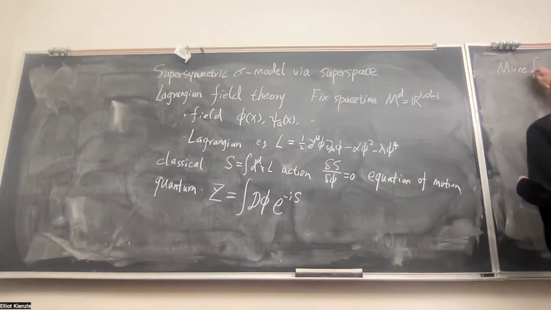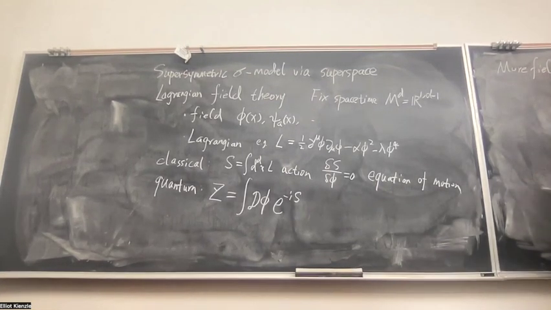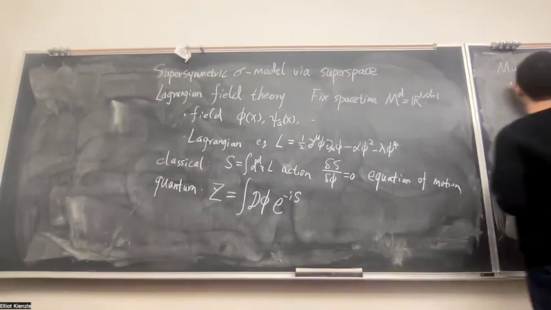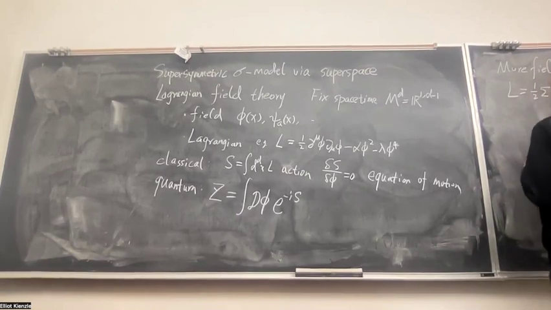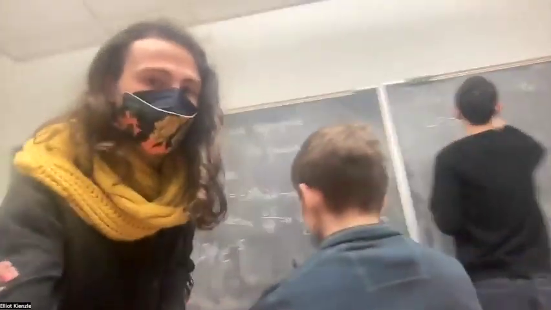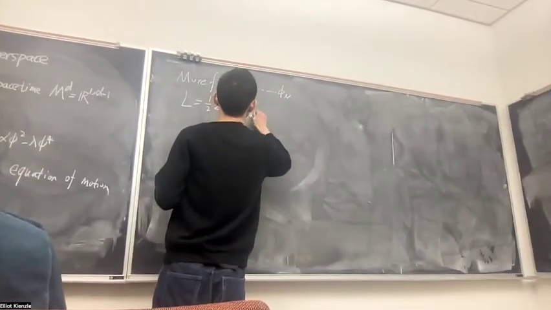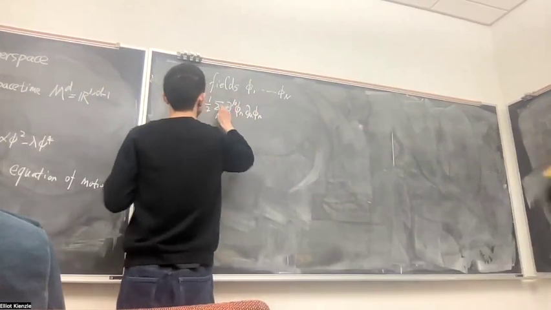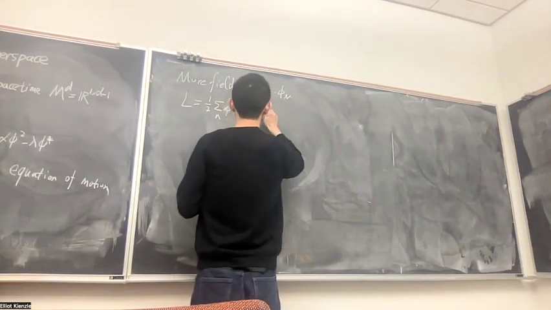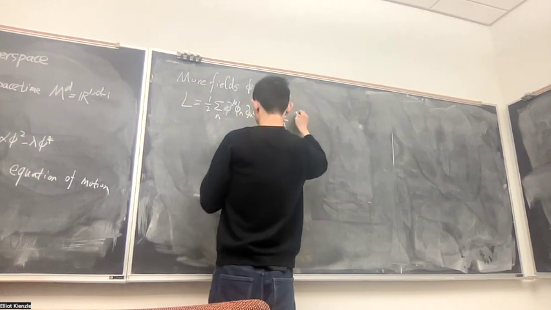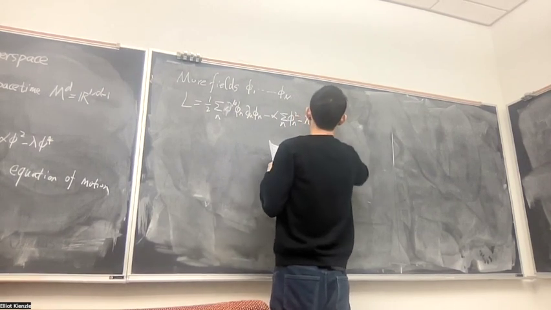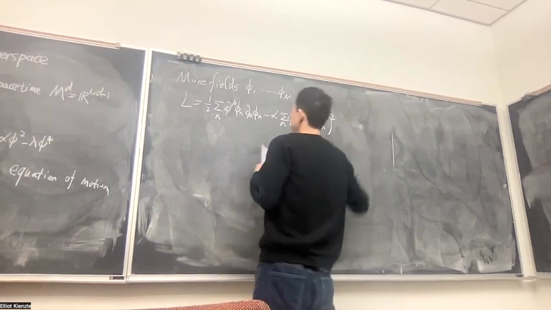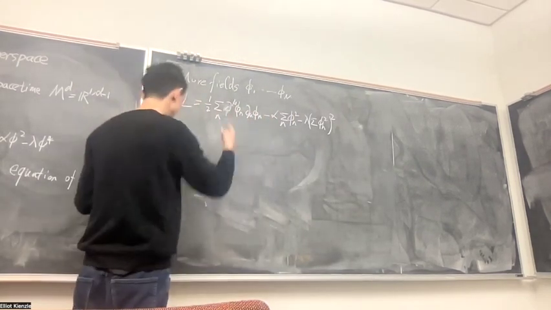Let's say you have phi 1 all the way up to phi n, and your Lagrangian can also be constructed out of these fields. You can take some Lagrangian of these fields.